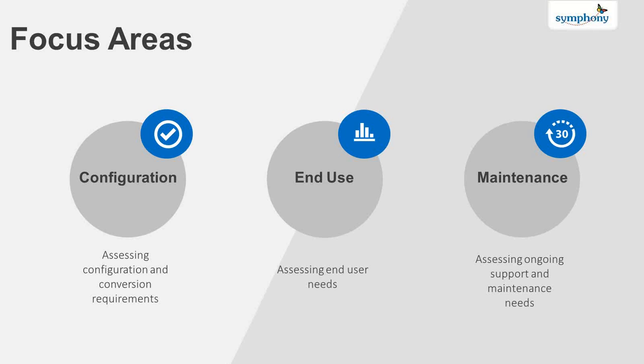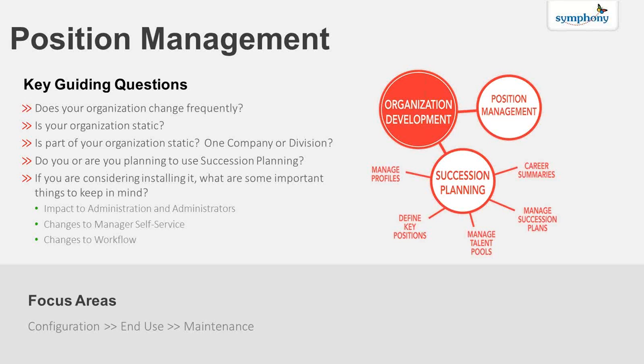This includes all levels of management. Maintenance. Once the module is configured and is live, what will be the level of effort to support and maintain the application? I'll now turn the presentation over to Gary, who will discuss these points in detail in regards to position management.